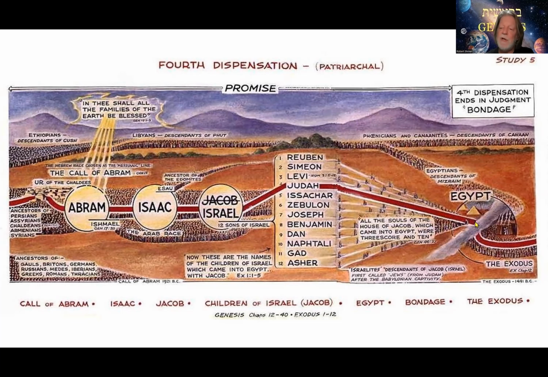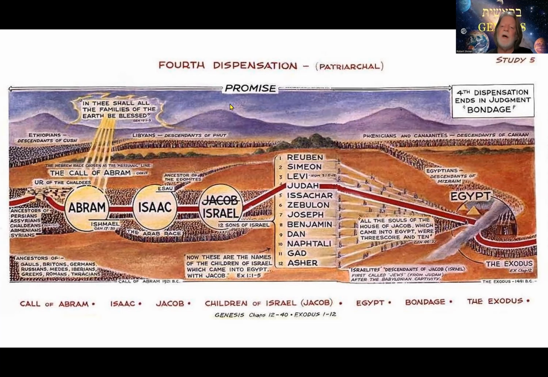They will spend 4 generations in Egypt, and then they will come out of Egypt in an event that is known as the Exodus. And that's kind of where we're going to leave off the story here. The story of the Exodus is told in the book of Exodus, but now we are in Genesis. That's what we are most interested in.